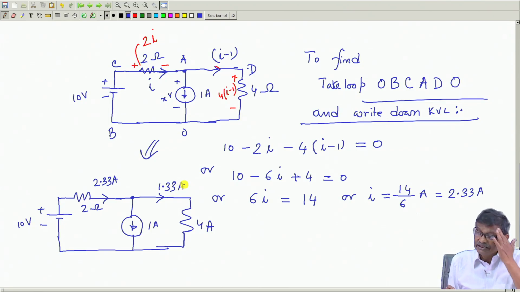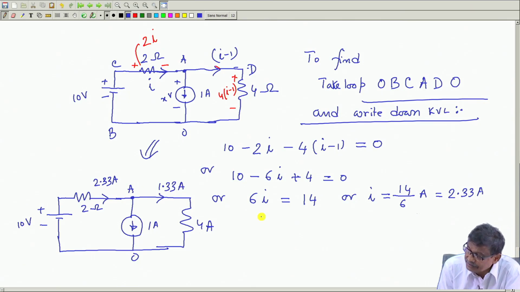Now, you see, as I was telling, VAO will be how much? I can now calculate. What will be the voltage across the current source? Start from O, try to reach A. Via this path, if you go, you cannot fish out anything, because that voltage is the unknown thing.